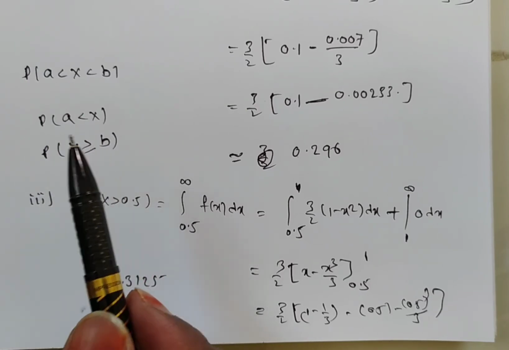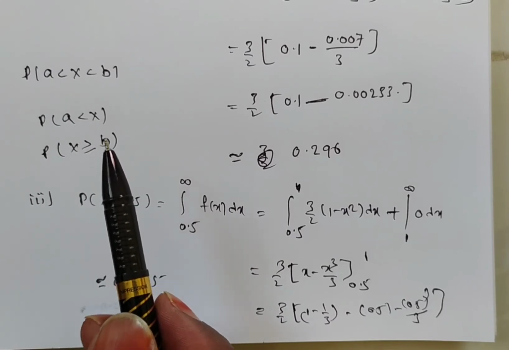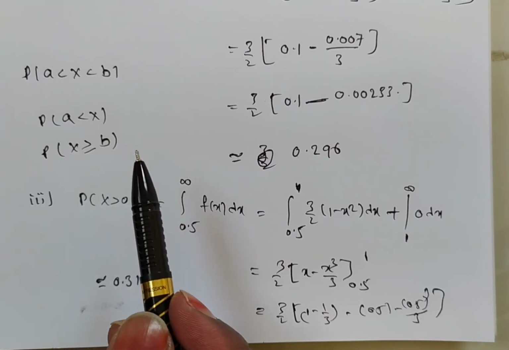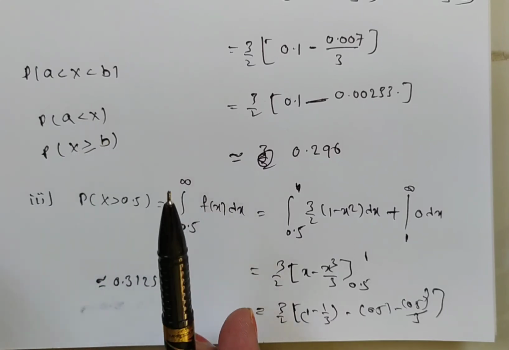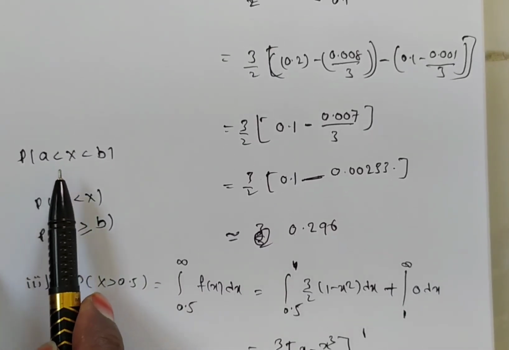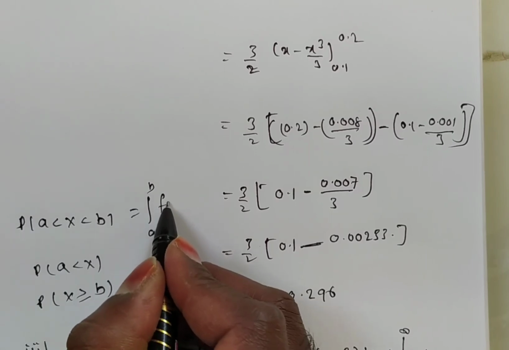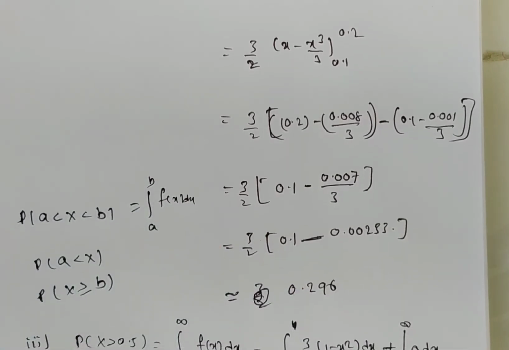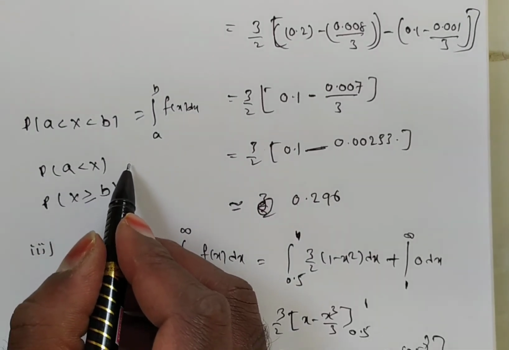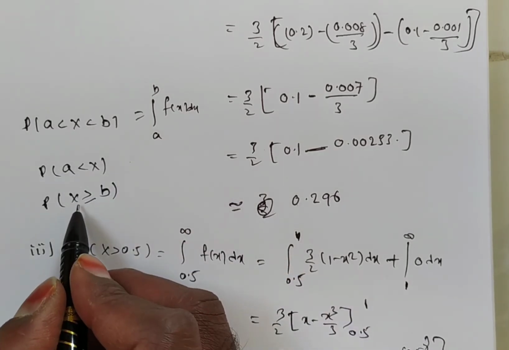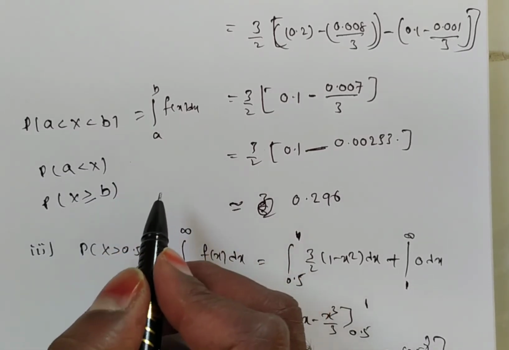In that case we use that the total probability is unity. From that you can get k value. Later on probability of a less than x less than b means we use the formula limits from a to b f of x dx. For a less than x means a to x f of x dx, and x greater than or equal to b means b to infinity, like that we need to write.